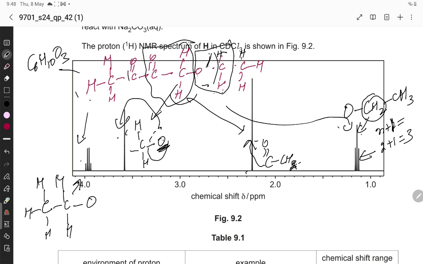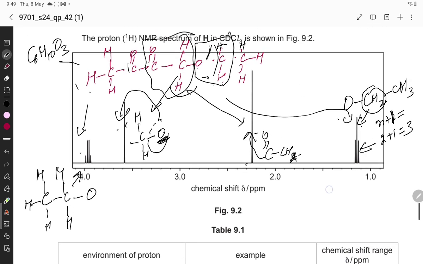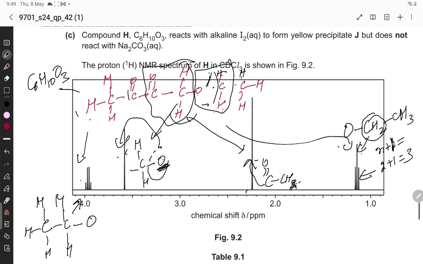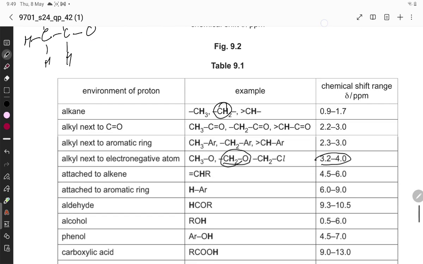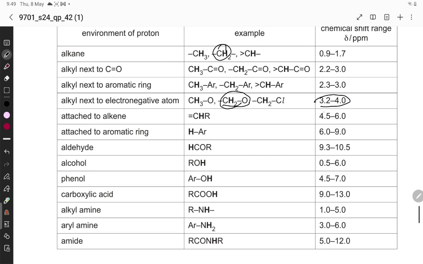So this CH3 gives a quartet peak, CH2O, and this is about 3.94, which is 4.